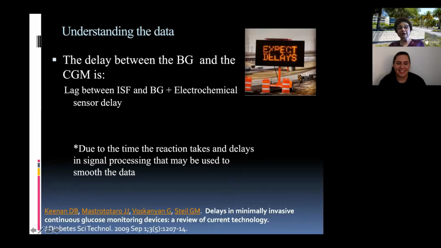So again, we talked about the delays. There are delays between the interstitial fluid and the meter data and whatever is happening in the blood. What frequently happens with CGMs is overcorrecting your lows because of the data on the CGM, because the CGM always lags behind.